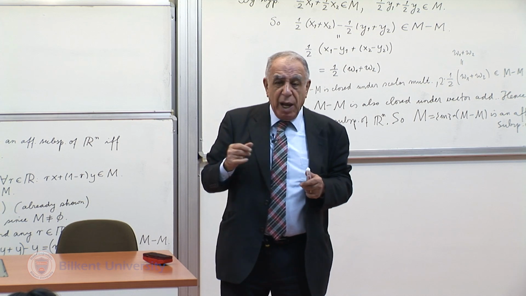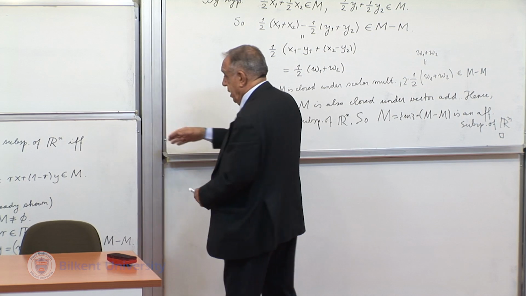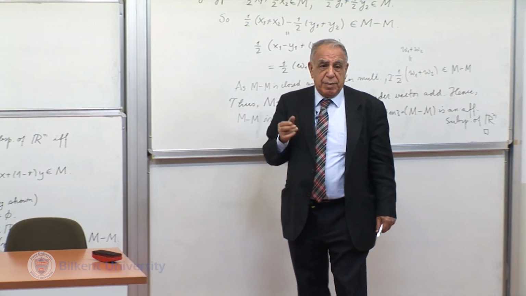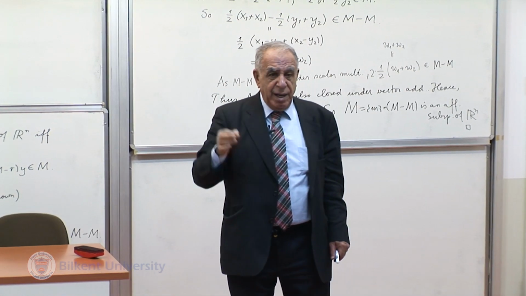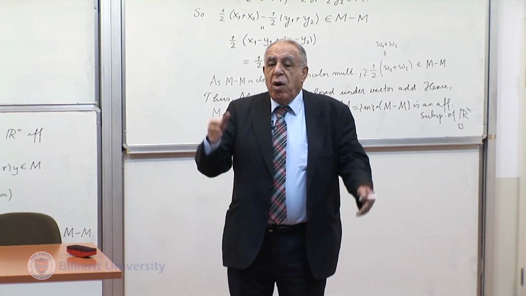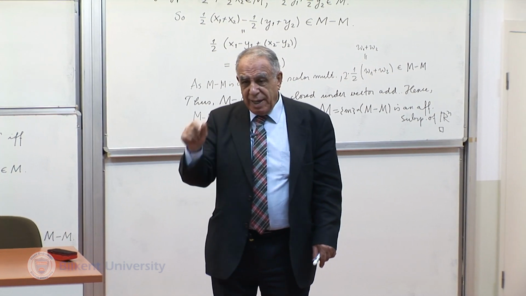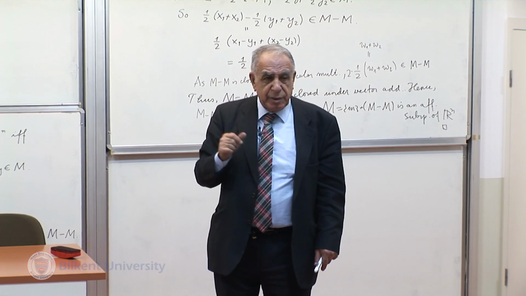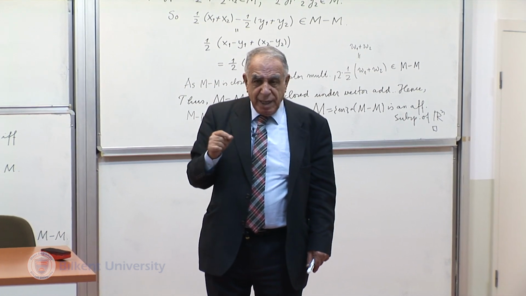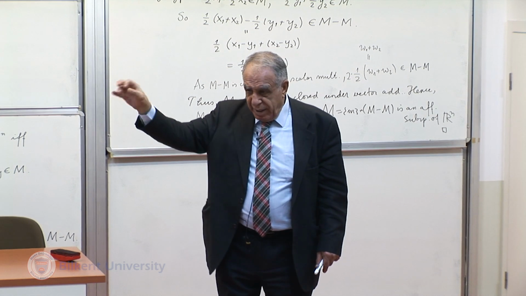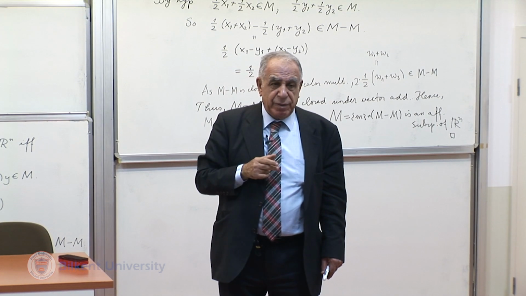Now, from linear algebra we know, given any subset S of Rn, there is a smallest subspace which contains that subset. How do we refer to that? The subspace spanned by that set, say cap A, and we write span A for that.